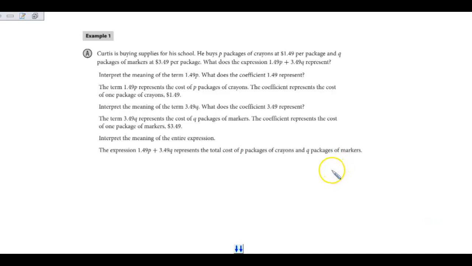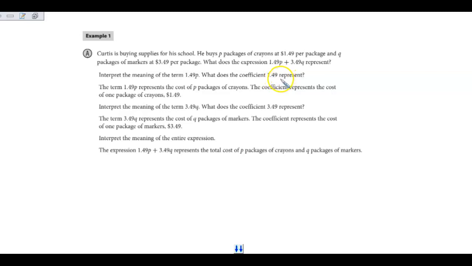Okay, Curtis is buying supplies for his school. He buys P packages of crayons at $1.49 per package and Q packages of markers at $3.49 per package. What does the expression 1 49/100 P plus 3 49/100 Q represent? So to do that, we want to interpret the meaning of the first term. What does the coefficient 1 49/100 represent?